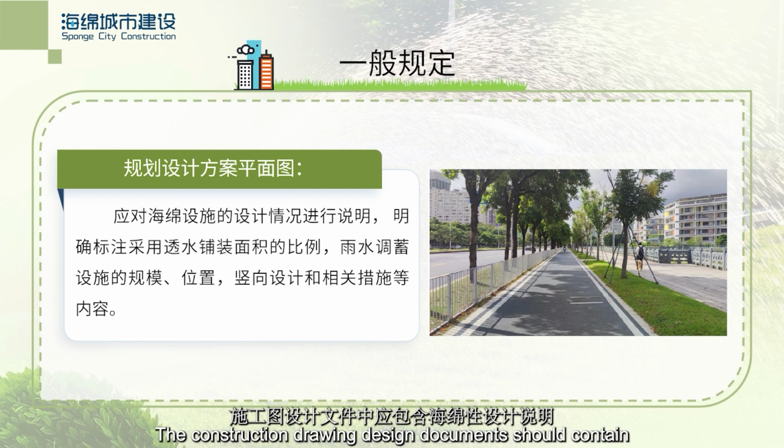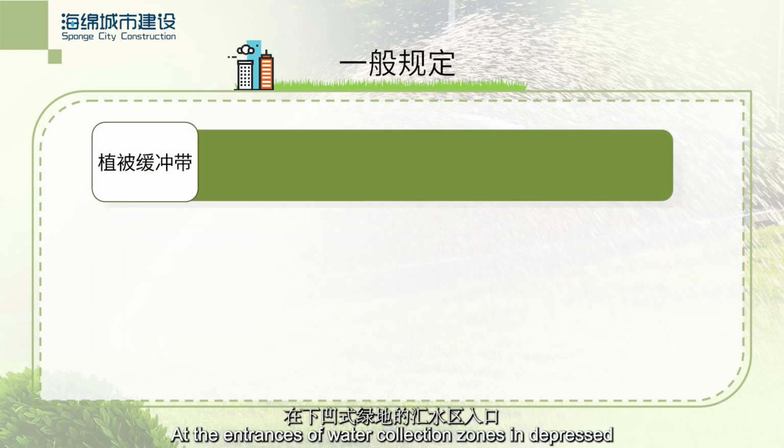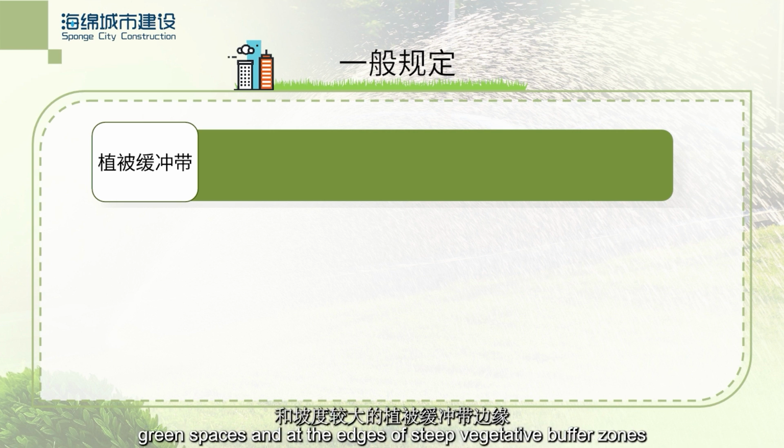The construction drawing design documents should contain detailed sponge design descriptions, vertical design, and sponge facilities at the entrances of water collection zones in depressed green spaces and at the edges of steep vegetative buffer zones.